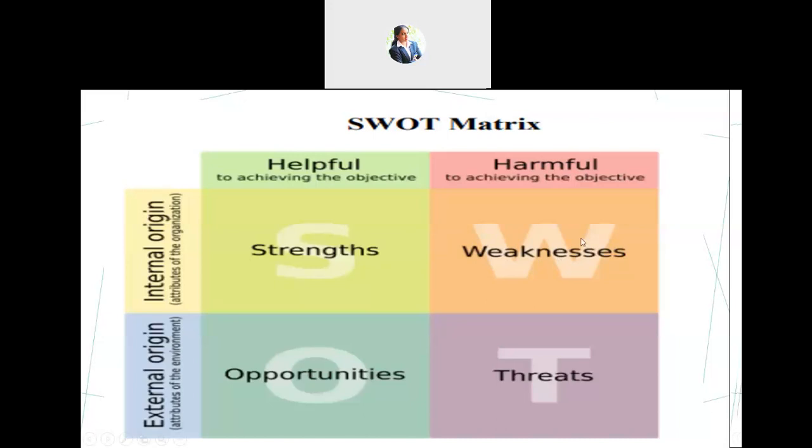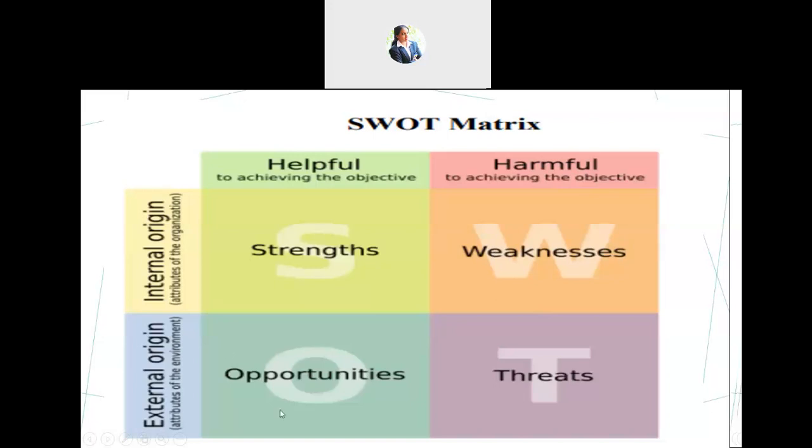This component asks the organization to thoroughly understand the weakness and try to minimize it, overcome it, or in the best possible scenario change the weakness by using strategies into strengths of the organization.